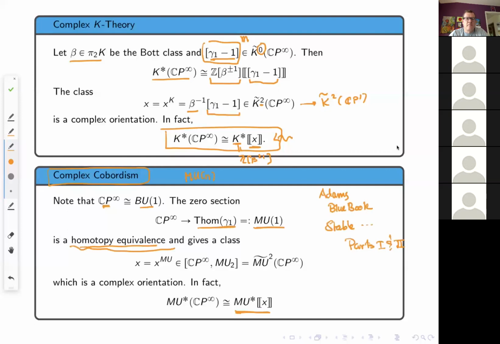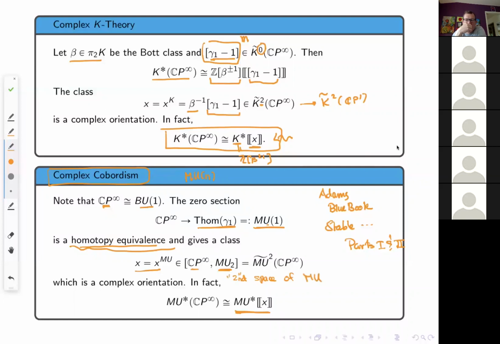So the 0 section is a map from CP infinity to MU1. But MU2 here, what do I mean by that? I mean the second space, as in not the 0th, not the 1st, the 2nd. The number 2 space of the spectrum MU.